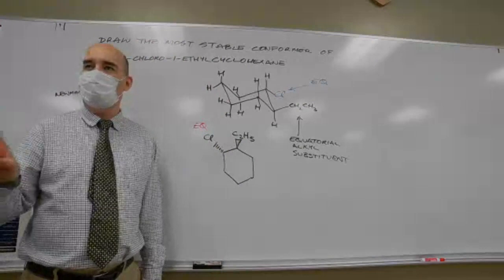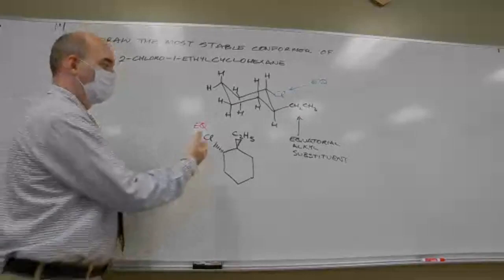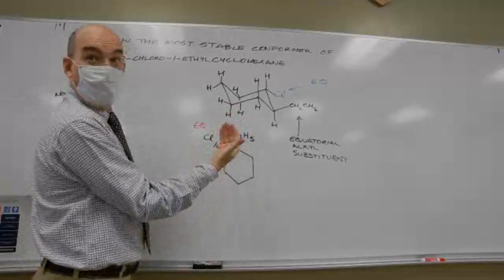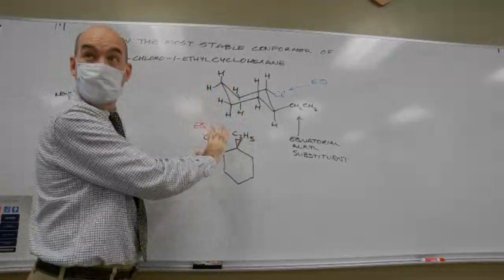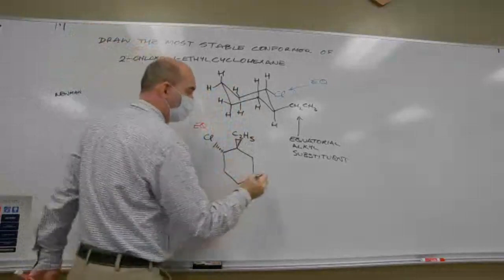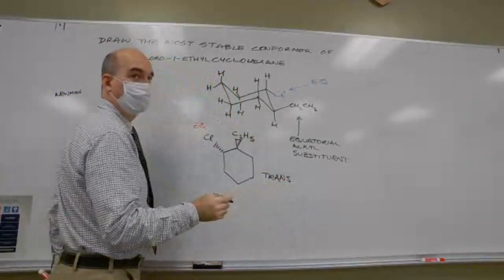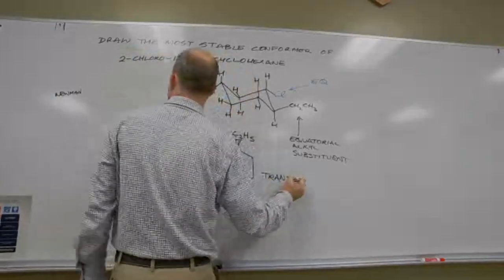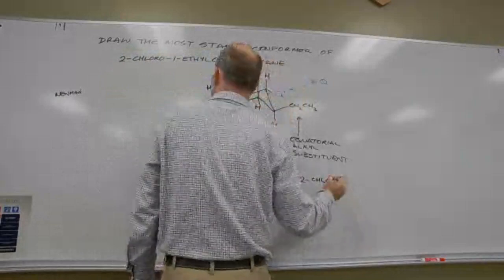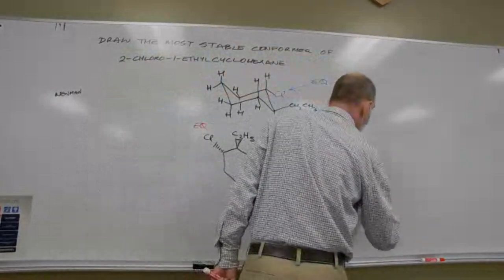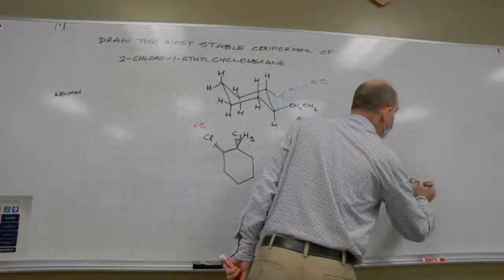If they're both equatorial and they're next to each other, one has to be up and one has to be down. One of them is on the front face of the molecule and the other one is on the back face of the molecule. This is the trans isomer. This is trans 2-chloro-1-ethyl cyclohexane.